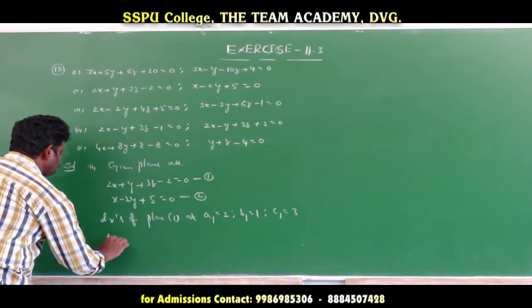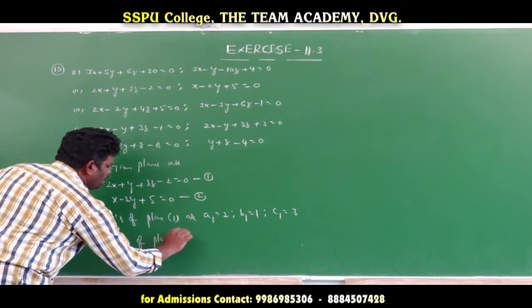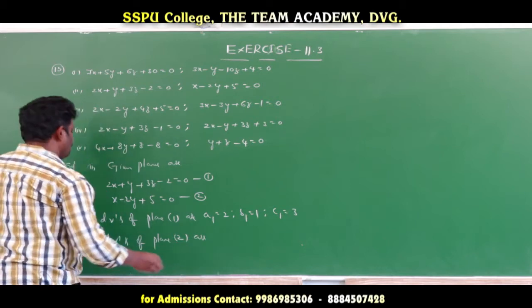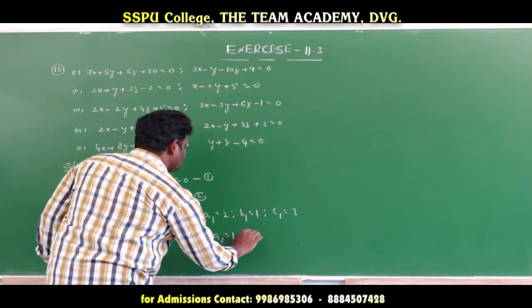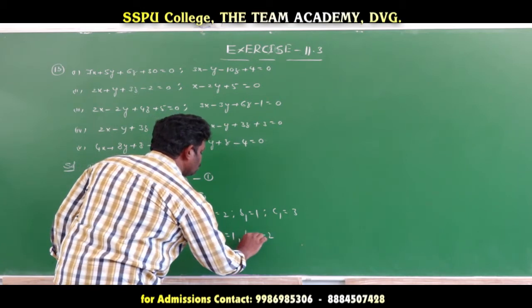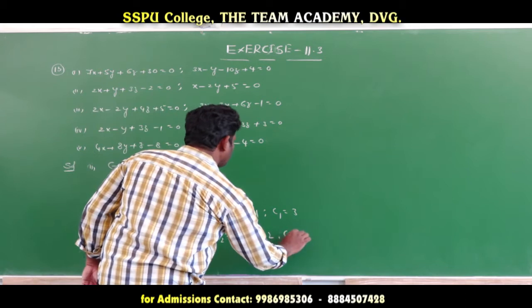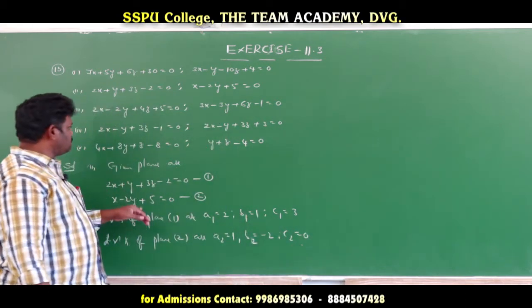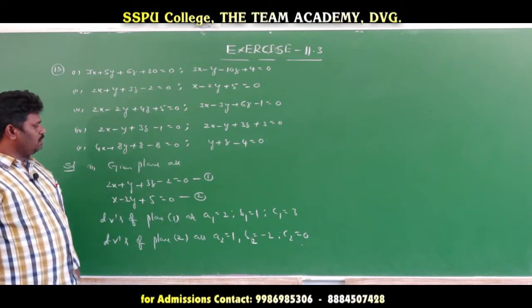The direction ratios of plane 2: A2 is equal to 1, B2 is equal to minus 2, and C2 is equal to 0, since the Z coefficient is not there.